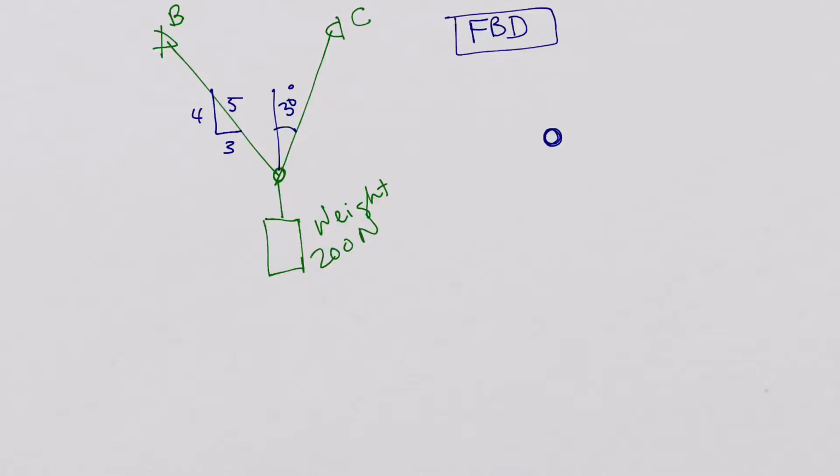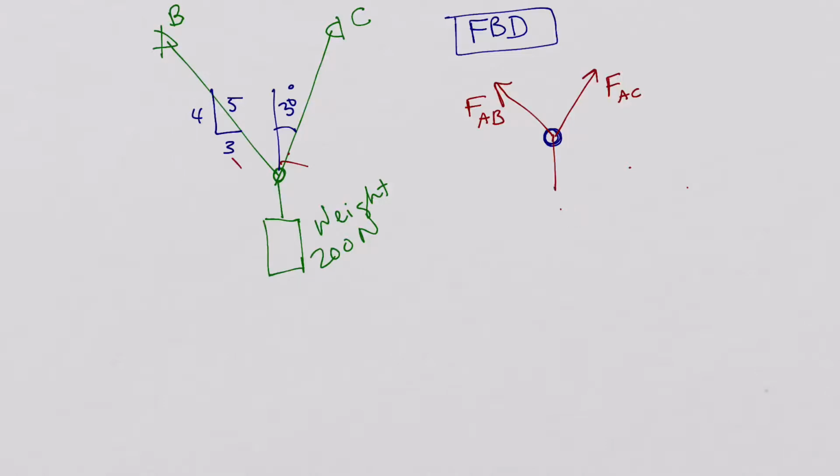This is interested in the ring at A, so we'll do the ring and then put all our forces on it. So we have a force going up from A to C, so force from A to C. And we have a force from A to B. So I'm basically going through each of these and cutting the rope and then adding a force there to represent that, and doing the same over there.